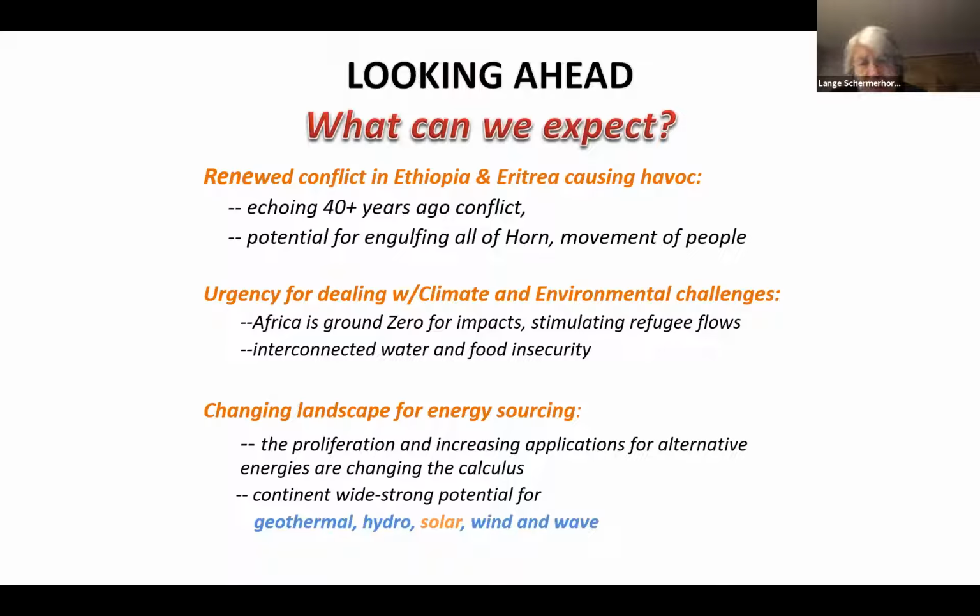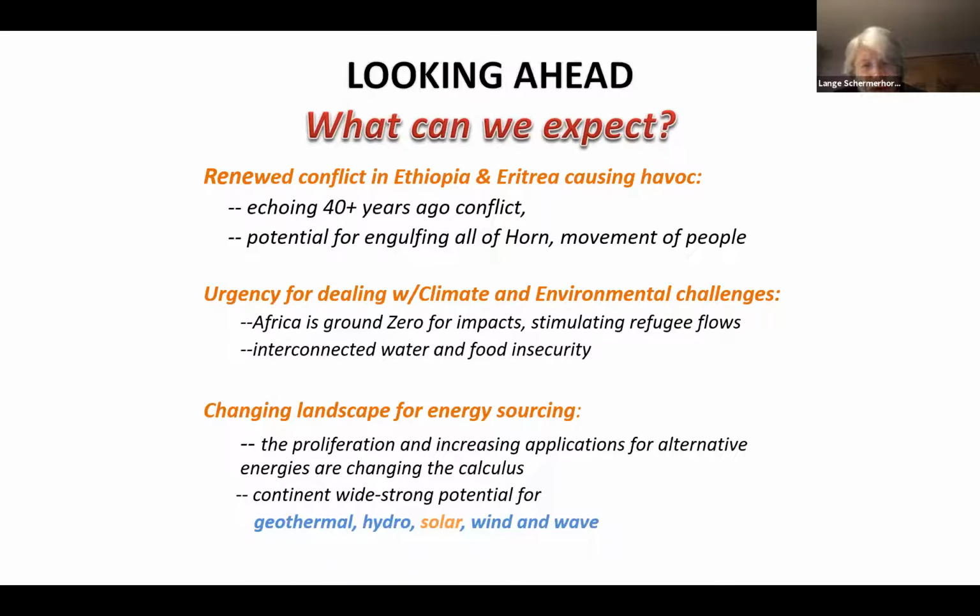As I said before, Africa is ground zero and stimulating refugee flows, which are already at a high rate. And the interconnection between water and food security and refugee flows is, of course, very hard to parse. And also we have a changing landscape, however, which could be beneficial for energy sourcing.